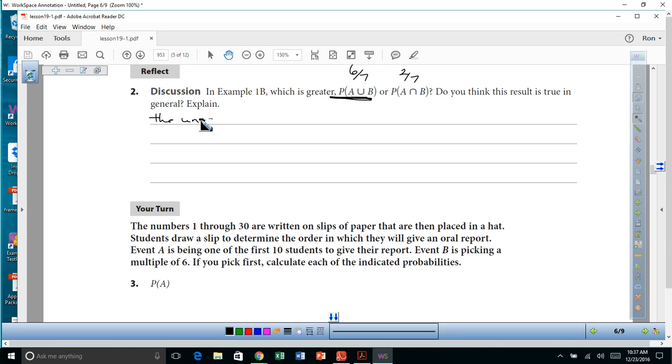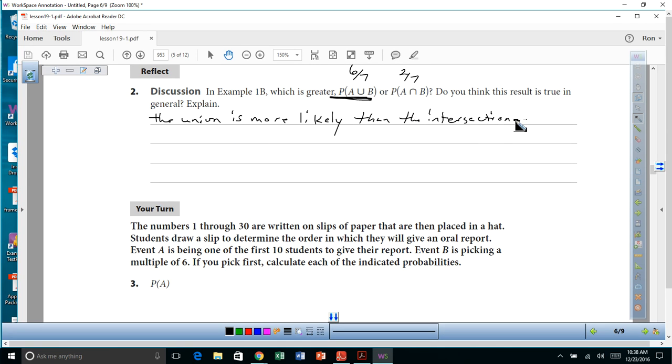The union is more likely than the intersection. And it's probably generally true since the union includes all elements.